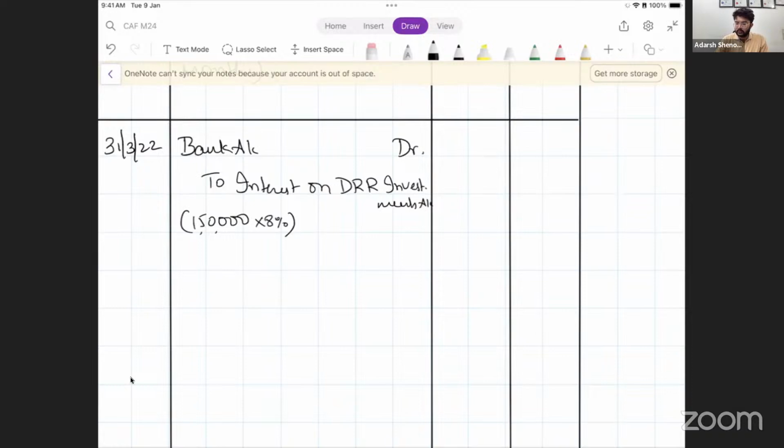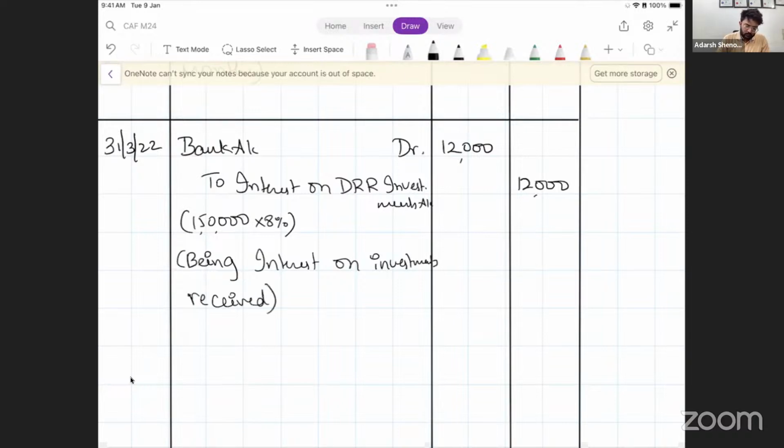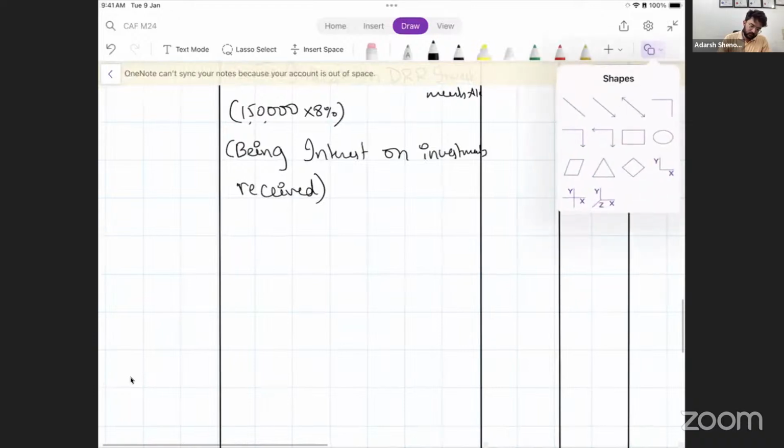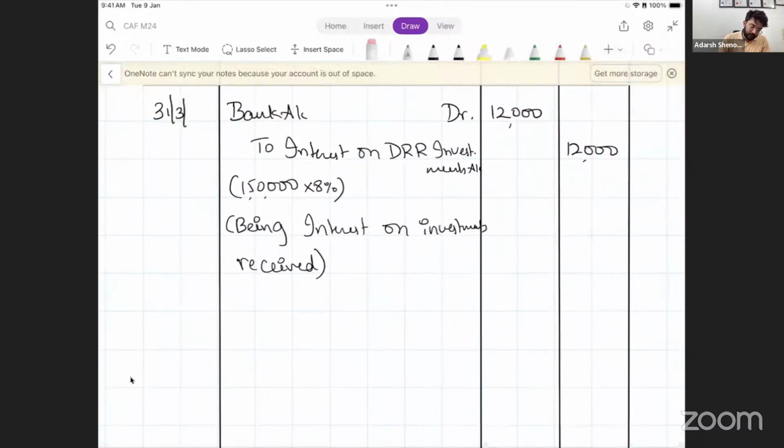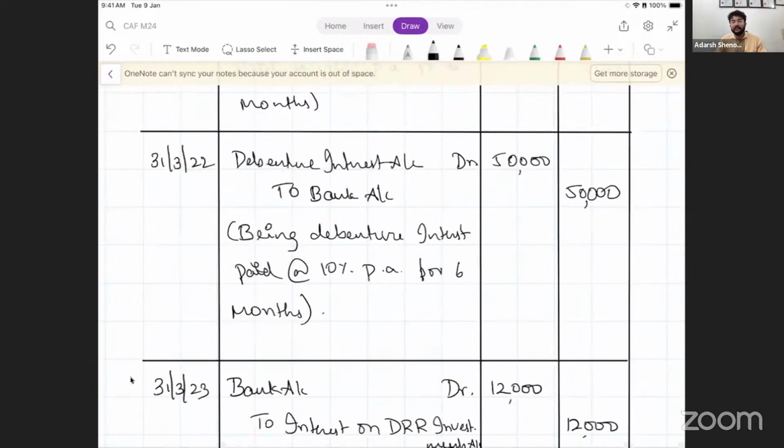How much do you get? 12,000 rupees. Being interest on investments received. Done. This is the interest asset. So interest paid and interest receipt entries have been passed.